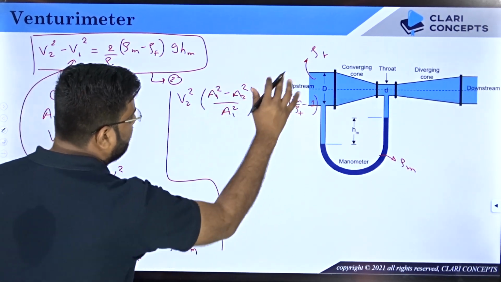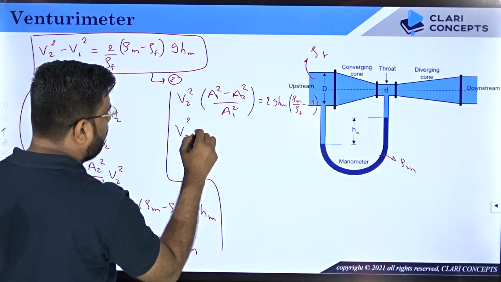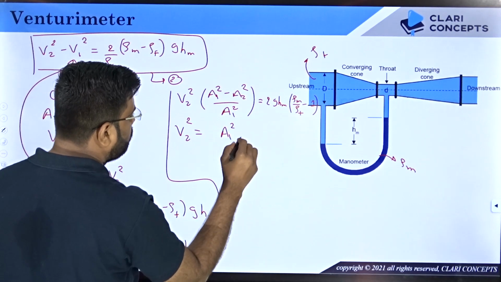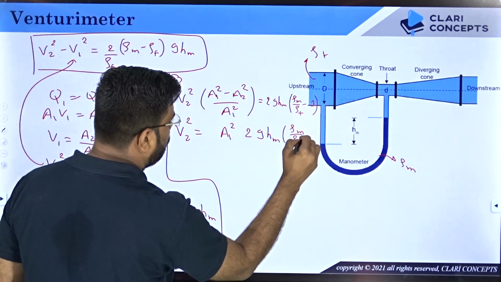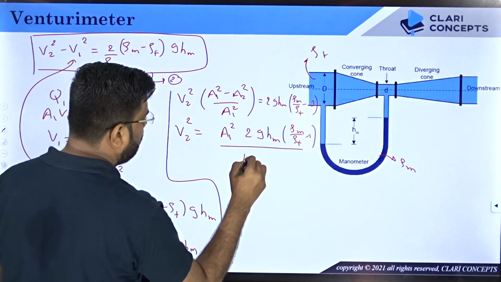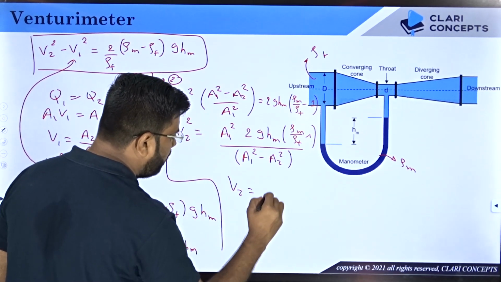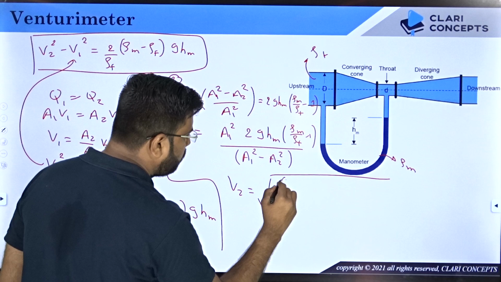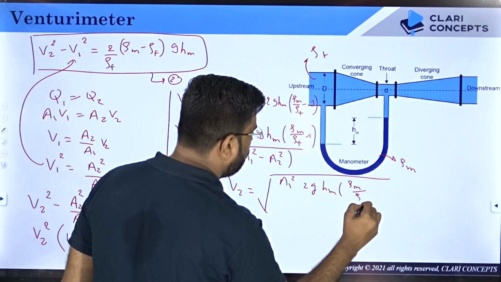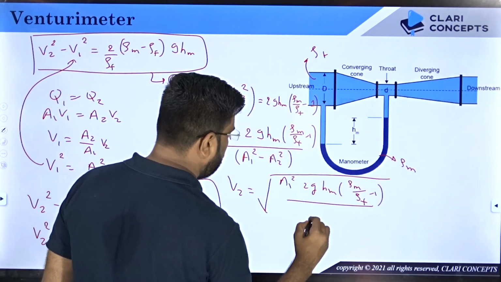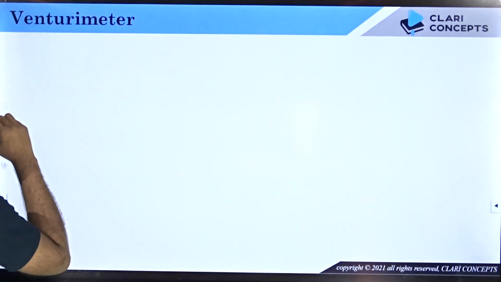So now you can take this on the right hand side, you will get A1 square in the numerator, A1 square minus A2 square in the denominator. So V2 square will be equals to A1 square into 2 g hm rho m by rho f minus 1 upon A1 square minus A2 square. Now V2 will be equals to under root of all this. Let me just redistribute this equation again.